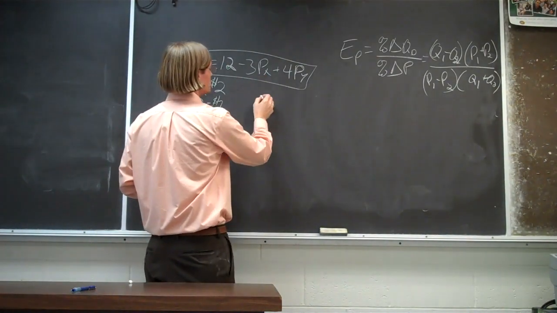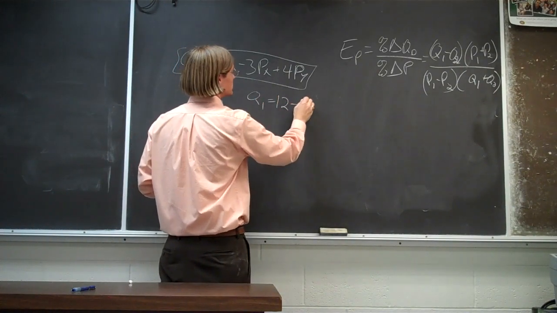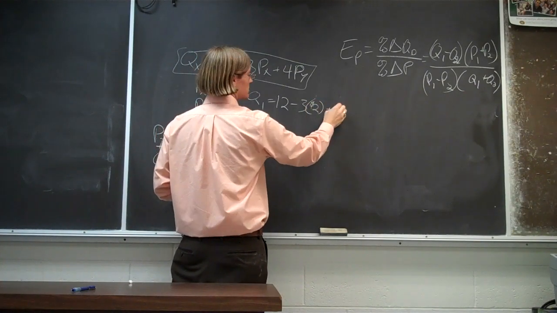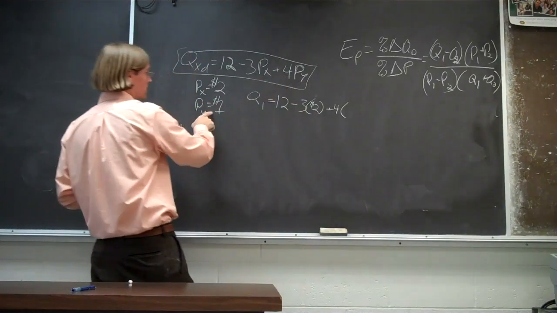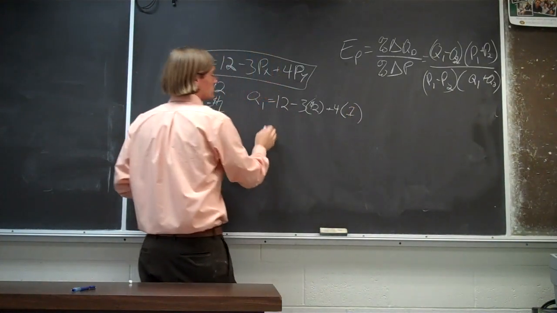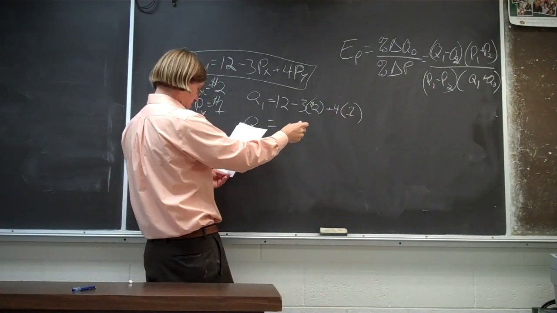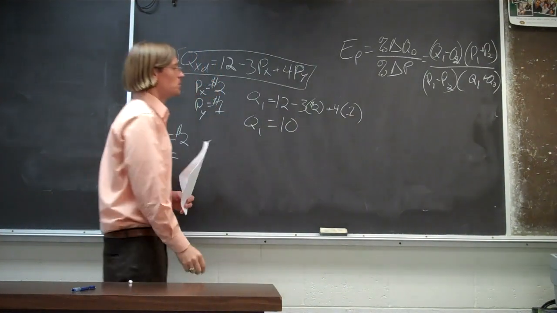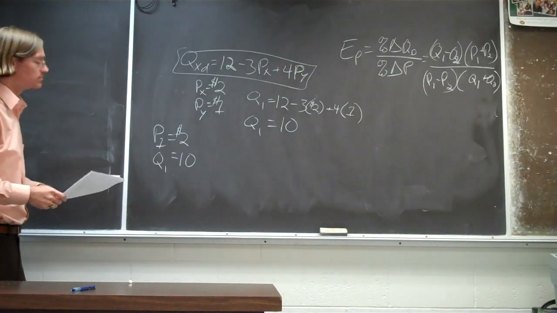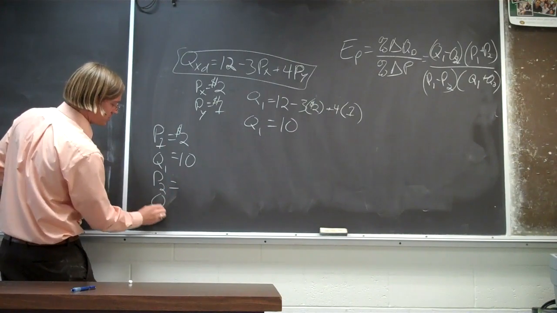Q1 should equal 12 minus 3 times $2 plus 4 times PY. We're not changing PY. PY is $1. So that should give us Q1 equal to 10. And so there's our Q1.